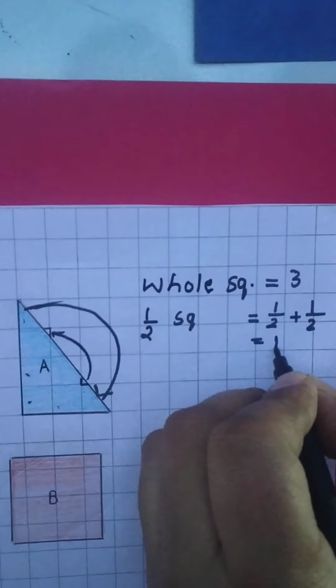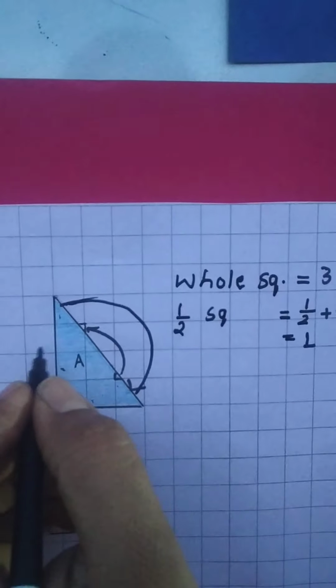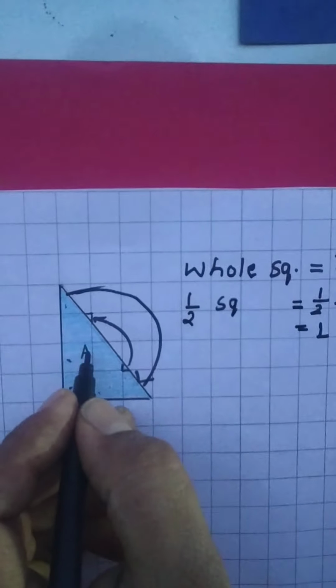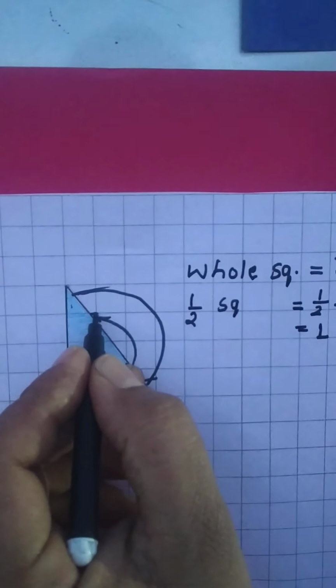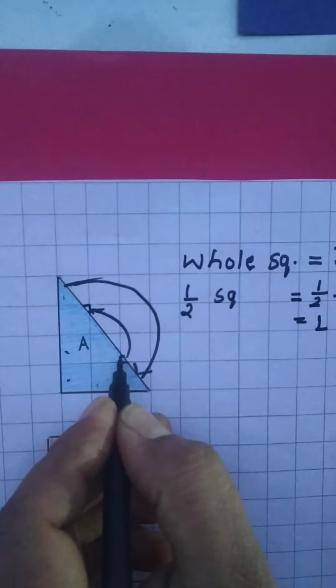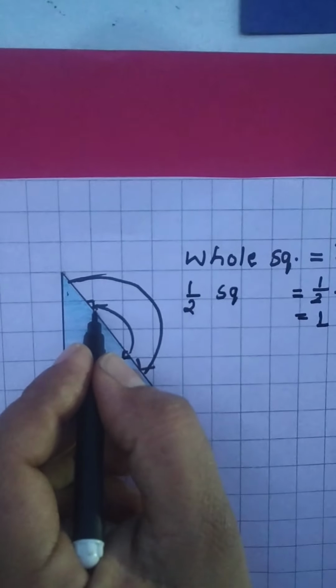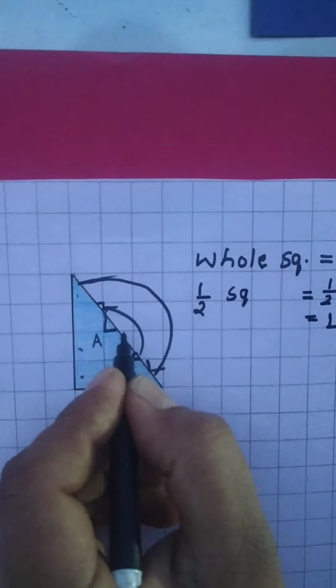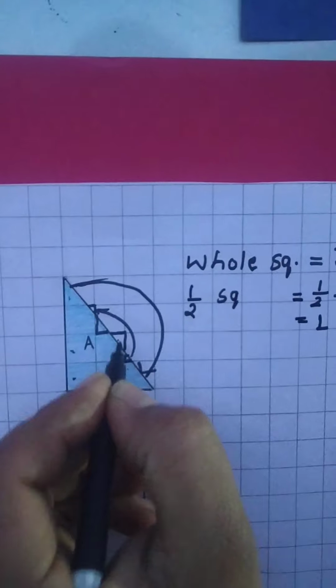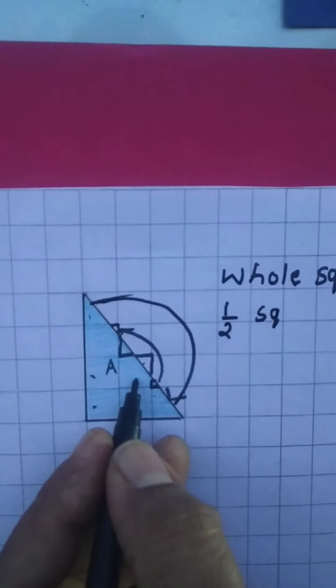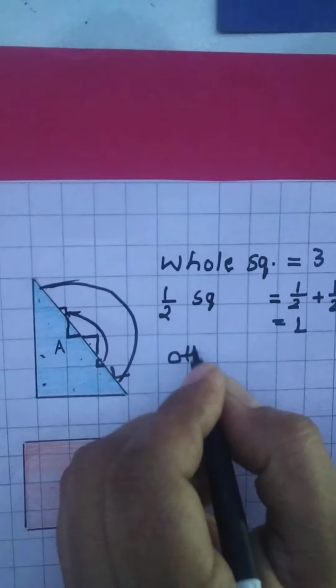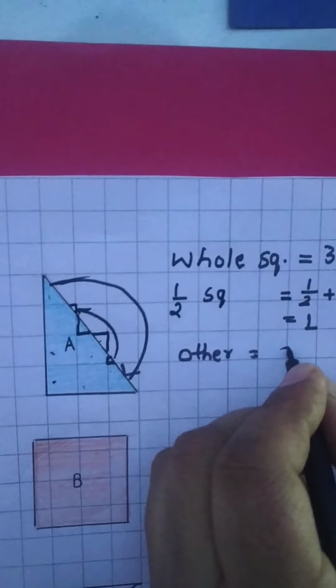It will make 1. And again I am having this little part in this shaded part and this little part in here. We will add it. So it will make 1 and 1, 2. Other is will be 2.